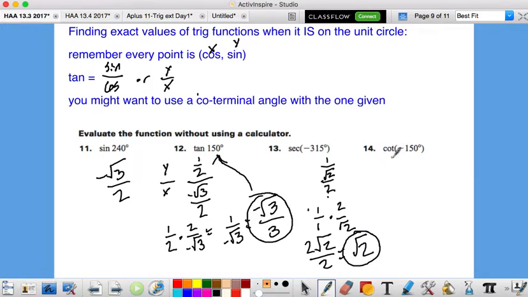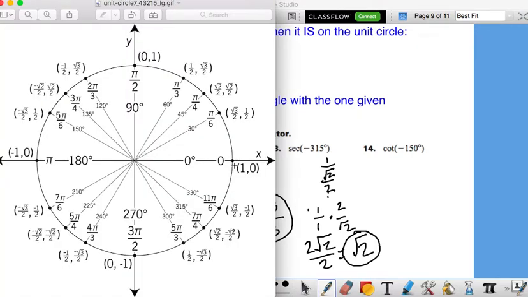And cotangent, we're going to find our tangent value and then do 1 over that tangent value. So we'll go to negative 150 degrees on our unit circle. Negative 150 would put us somewhere like 210. If you're going this way, 150 from 360, you can think of it that way.